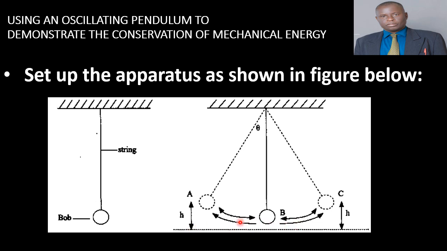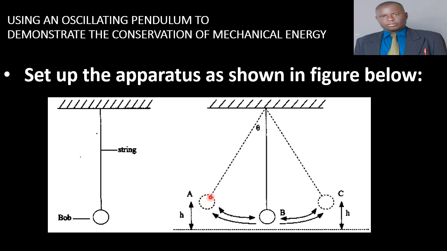So when you displace the bulb at an angle theta to point A, you have given it a height. Remember that when a body has been displaced to a height with respect to its original position, it gains an energy form which is called the gravitational potential energy, or simply potential energy.